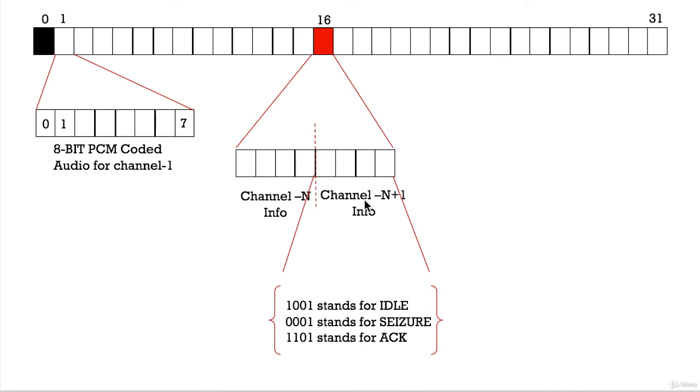The second thing is, since one frame contains the control information about two channels only, it has to wait for 16 more channels to actually convey the information.